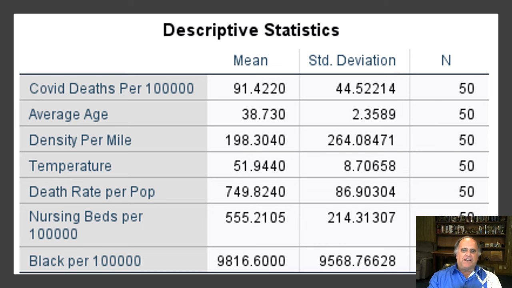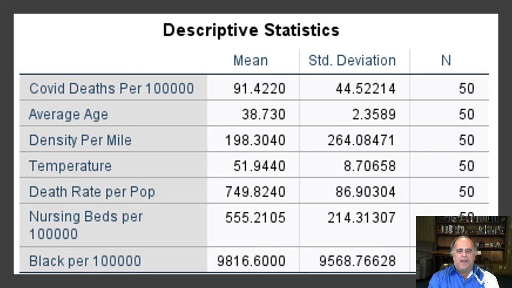So the average age of people in the state is 38.73 for all 50 states, of course. The density per mile, that's how many people there are per square mile, basically. And the mean is 198. The temperature, that's the average temperature for that state for the year, a mean of 51.94.